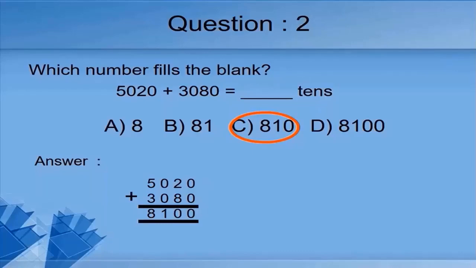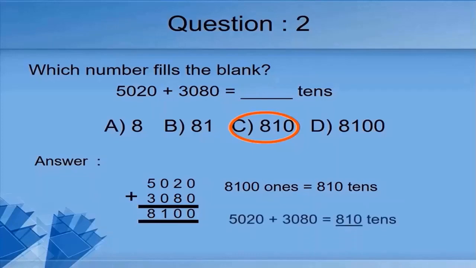They have asked in tens format, so we will convert 8100 to tens format. 8100 ones equal 810 tens. So 5020 plus 3080 equals 810 tens.